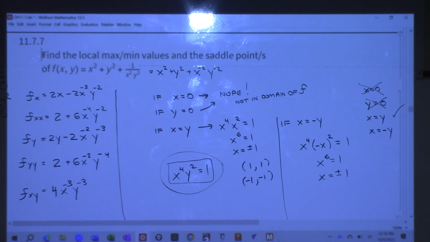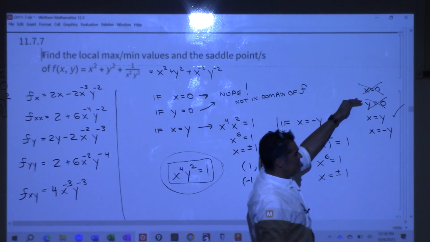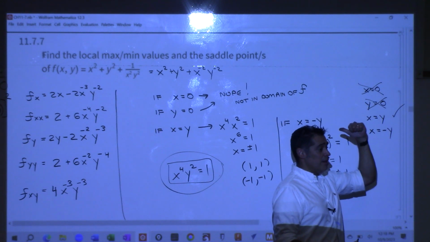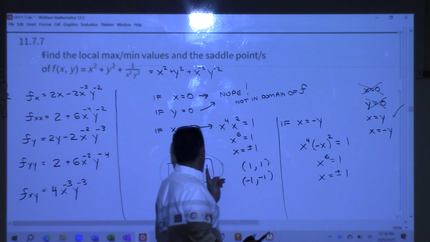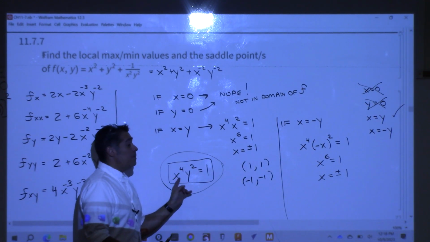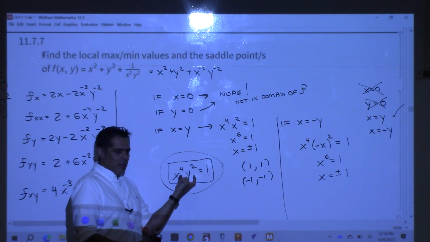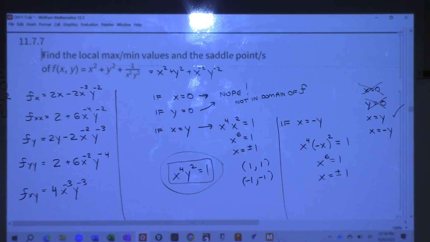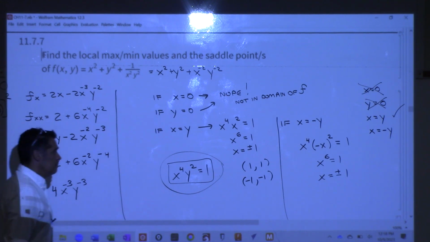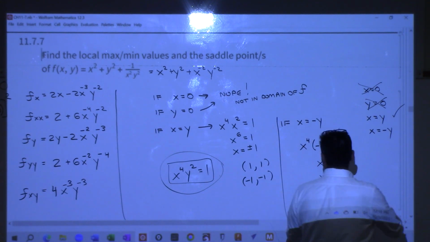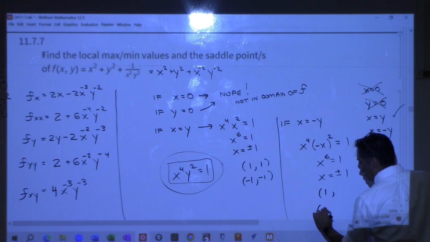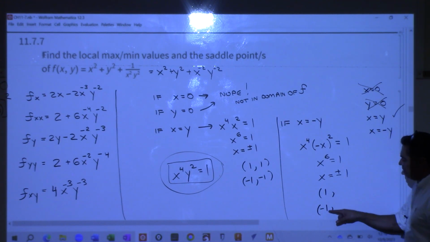So remember how we got these 4 different conditions here for our critical points? What I'm doing is I'm going back to any equation we had earlier, and I picked the cleanest one I could see. I could have picked any of them, but I picked the one that looked the easiest to work with. Be careful here, because this gives us the same two x values, right? x can be 1 and x can be negative 1.